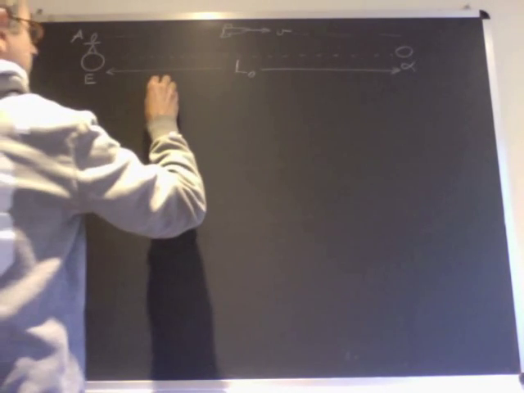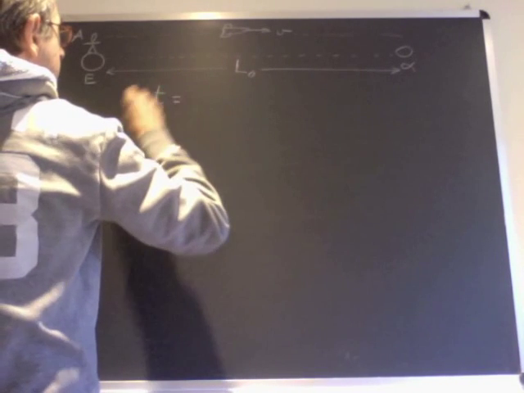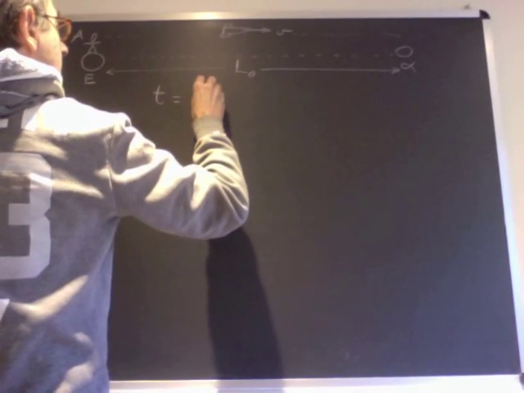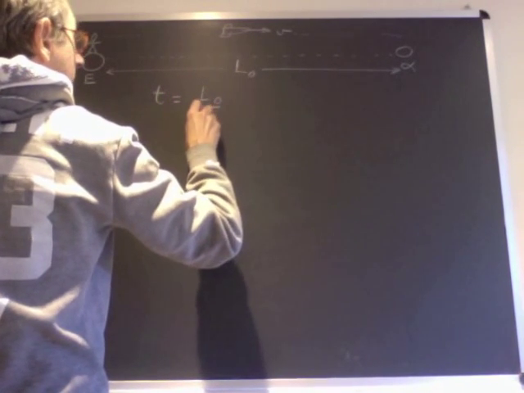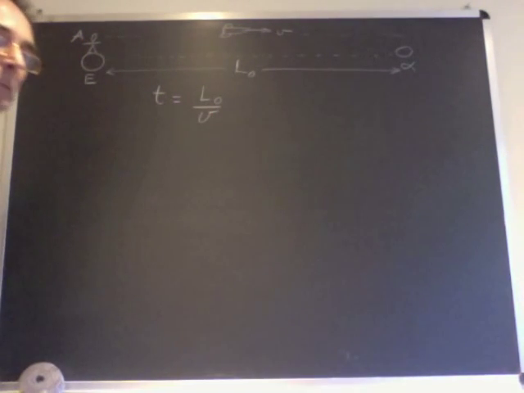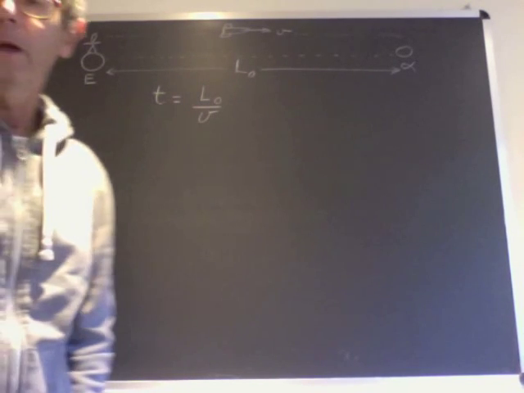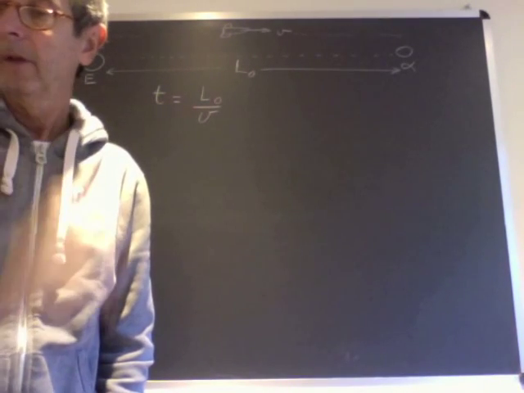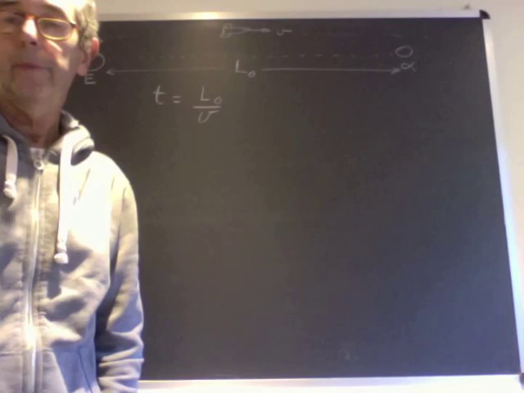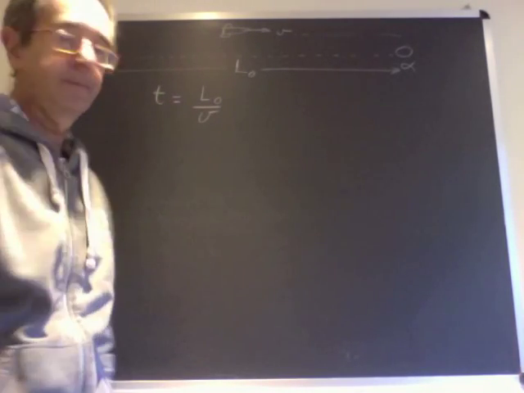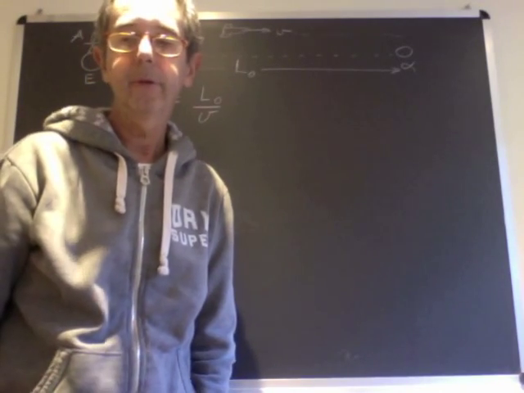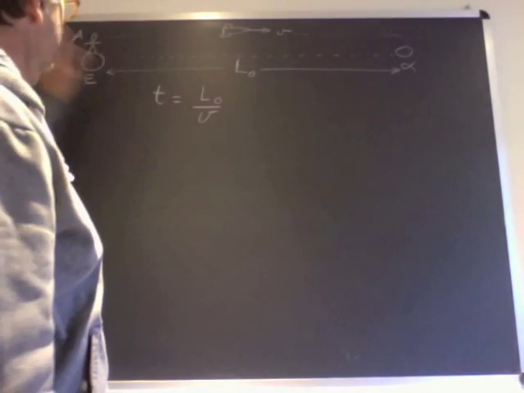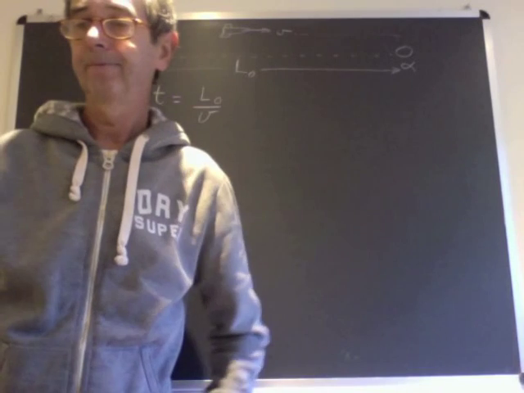It is simply T equals L0 over v, where L0 is just the distance measured by Mr. A himself.